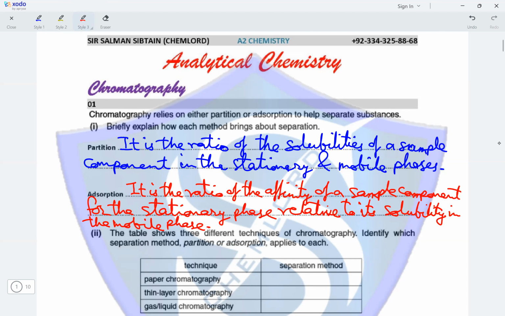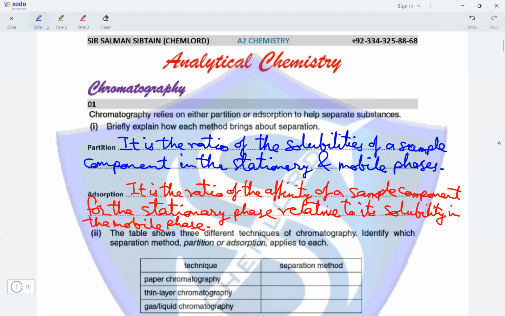So adsorption is basically the affinity for the solid stationary phase and its ratio with the solubility for the mobile phase. So if it is more soluble, it will travel a greater distance. If it's more adsorbed, it will travel a lesser distance.